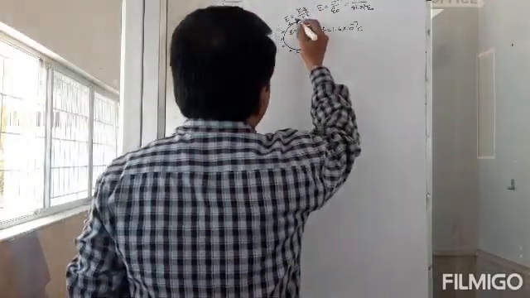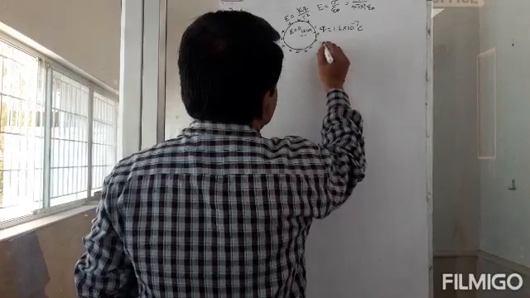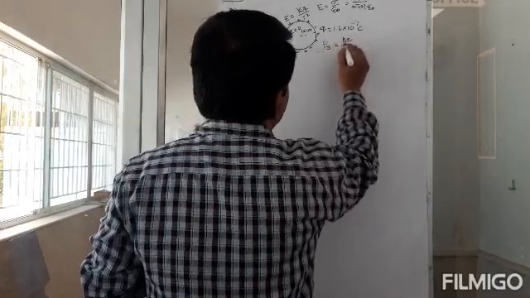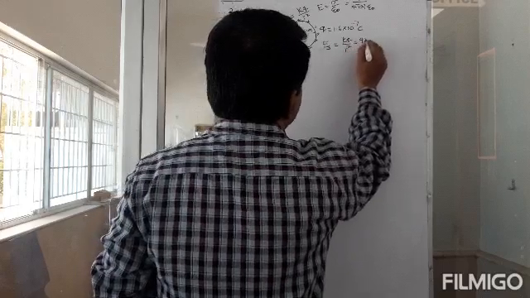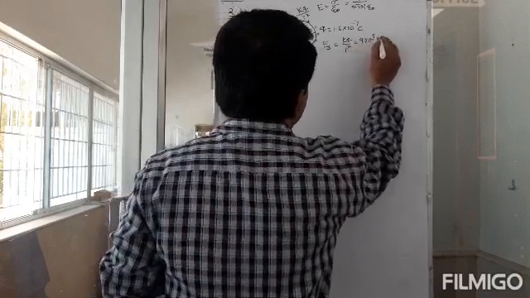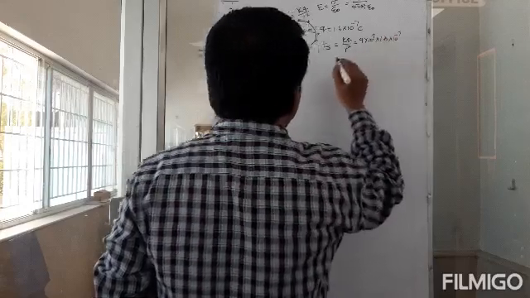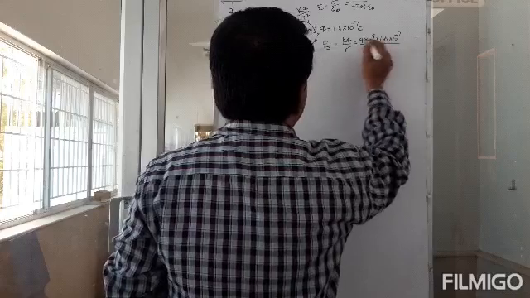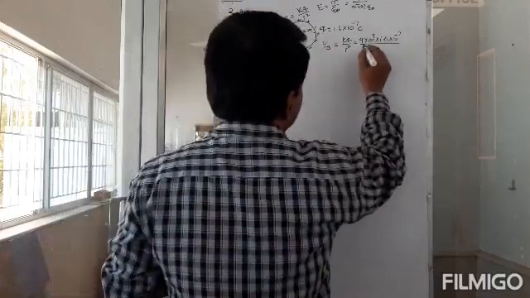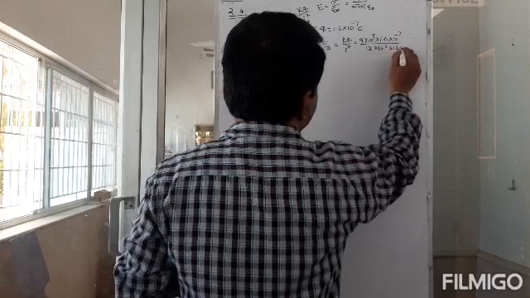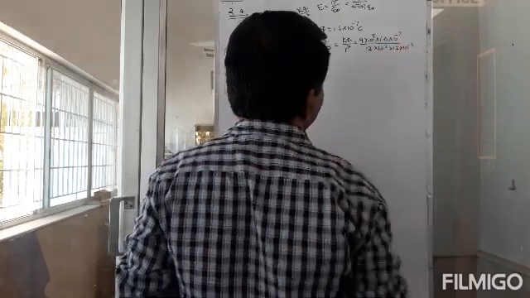So what is E here on the surface? E on the surface is equal to KQ by R square. So 9 into 10 power 9 into 1.6 into 10 power minus 7 coulomb, divided by R square, 12 into 10 power minus 2 into 12 into 10 power minus 2.